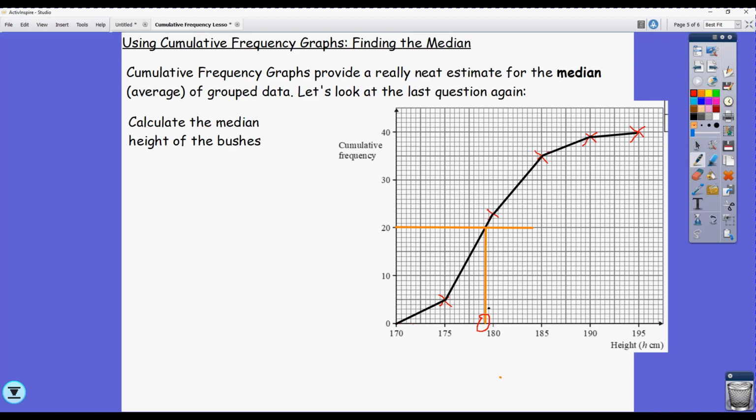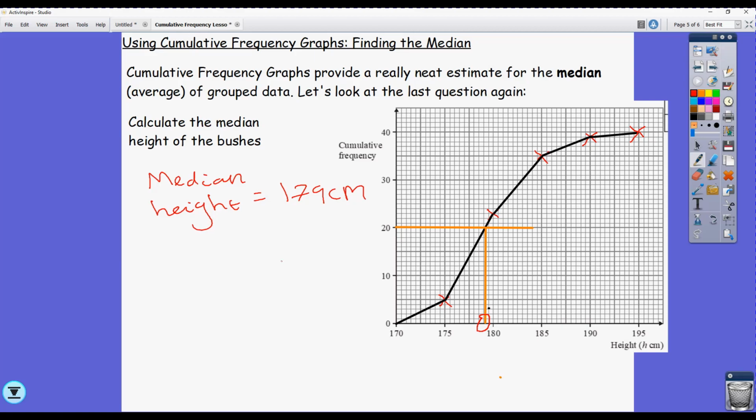So, 1, 2, 3, 4, 5. So here, I'm 2 squares, pretty much exactly 2 squares before 180. So that is going to be 179. So I get the median height equal to 179 centimeters, or we could say 1.79 meters.